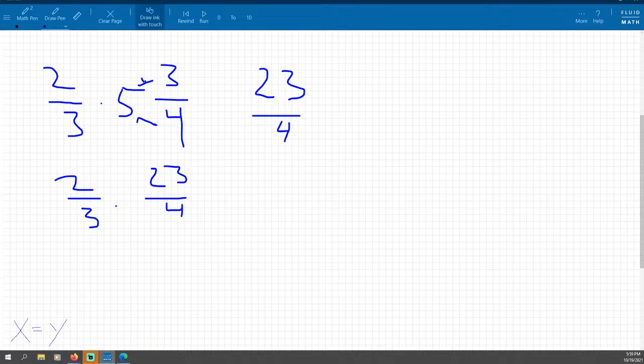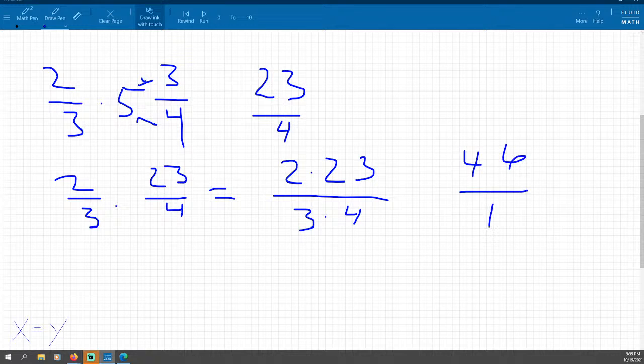Now we can go back to making this 2 times 23 over 3 times 4. 2 times 23 is going to be 46. 3 times 4 is going to be 12. This obviously can be reduced. So what would be an easy way to reduce this?